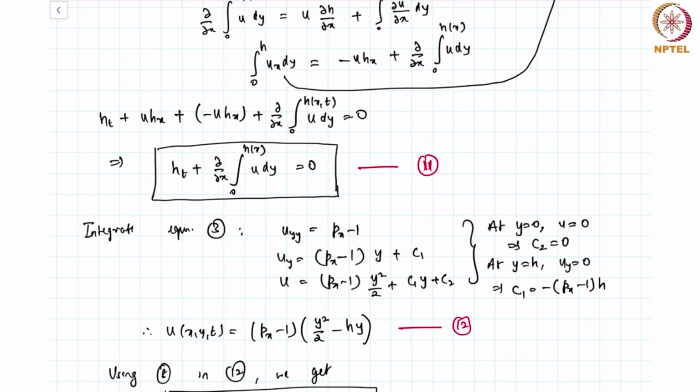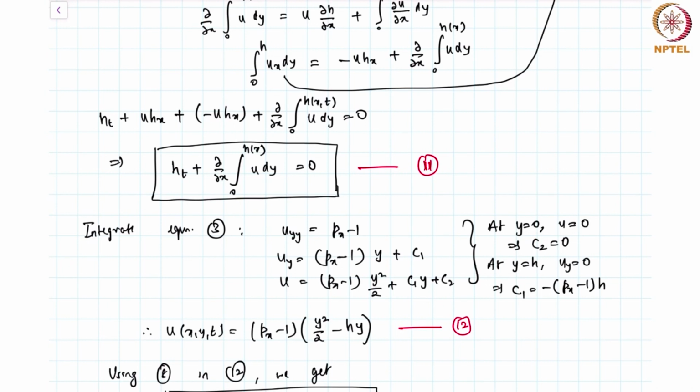Remember, equation 11 has actually come from the kinematic condition. The kinematic condition itself is coming from a mass balance constraint. Whenever the interface moves up and down, which is given by h of t, we are essentially saying that if the interface is going up, then the fluid has to rush in to fill that void, to create that bulge.